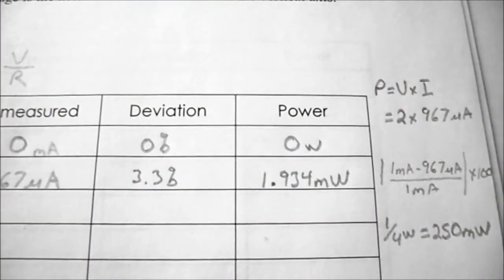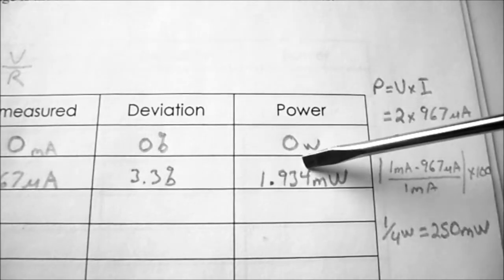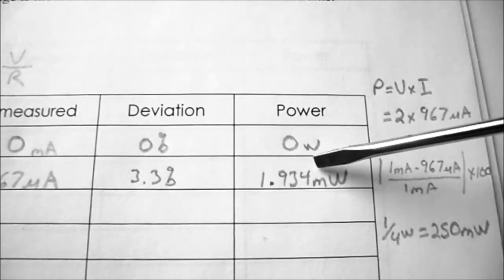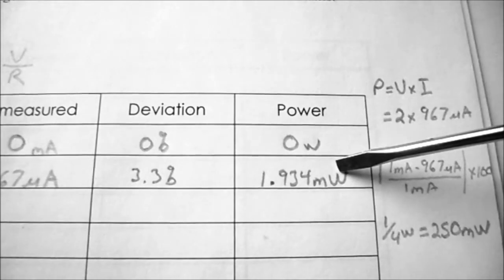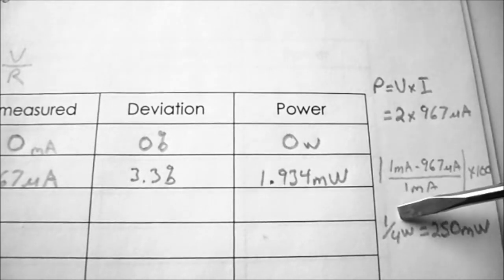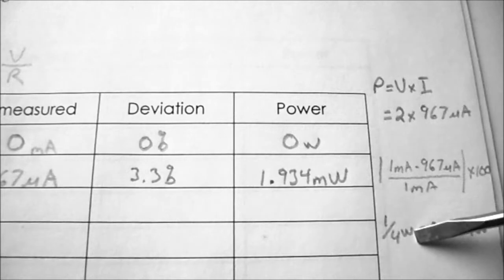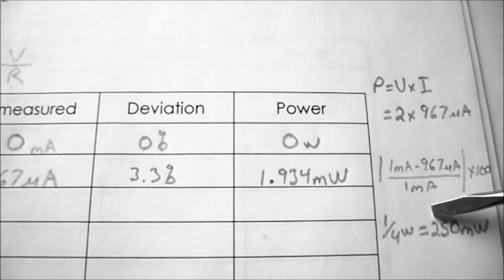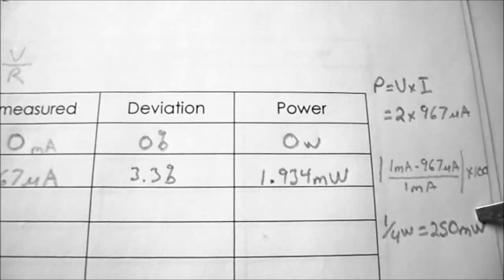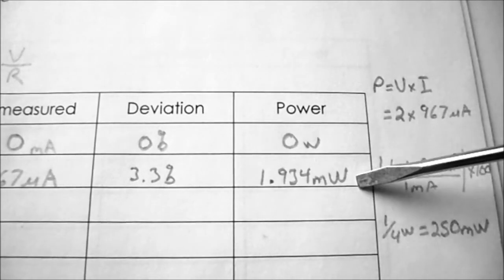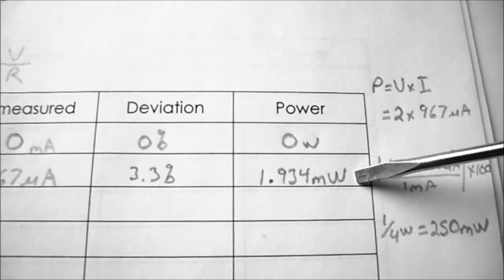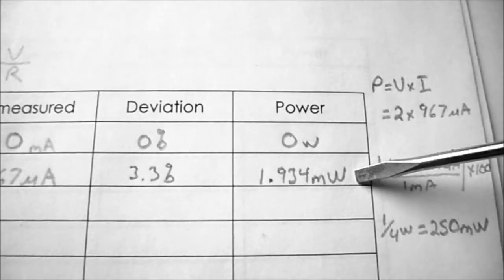So in table 4.1, I've recorded my power as being 1.934 milliwatts. I just want to remind you that we are using quarter watt resistors, so 1/4 of a watt is equal to 250 milliwatts, and our resistor is only dissipating 1.9 milliwatts, so it's well within the safe zone.